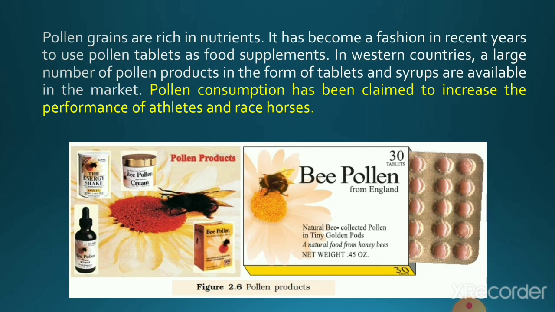So when pollen grains are consumed in tablets, powder form, or syrups, a small part of the cytoplasm, pectin, and inner contents like proteins and vitamins present in the pollen grains can be digested by our digestive systems. So they are very rich in nutritional value, hence they are used to increase the performance of athletes.